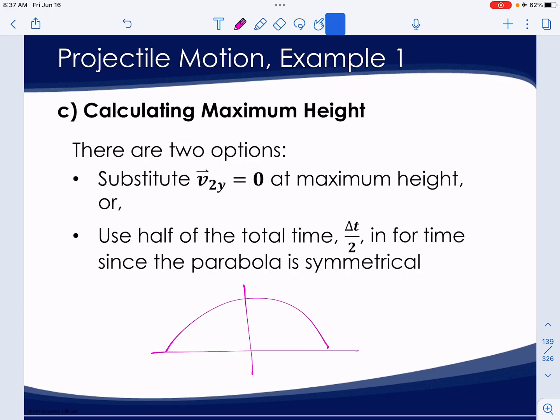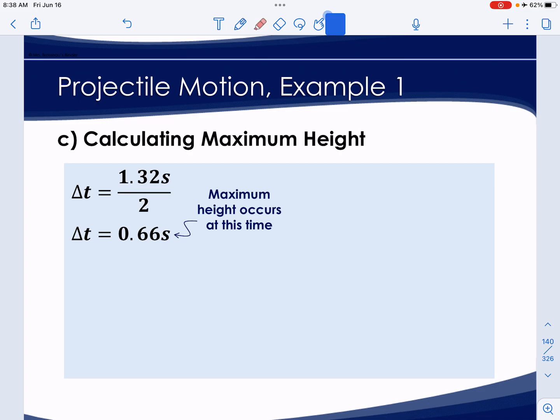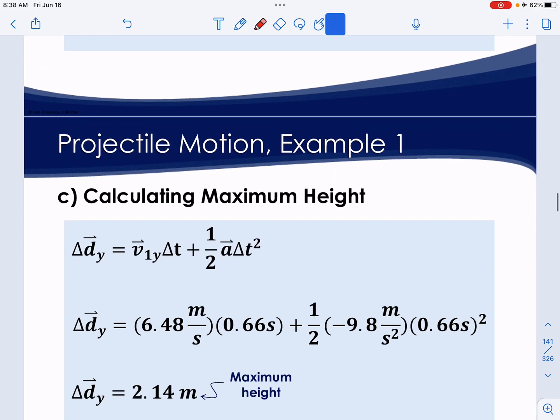And so we know that the velocity at this point in the middle, in the y direction, is going to be 0. We also know that the time that it takes is going to be half of the total time. So here, this is going to be 1.32 divided by 2. Okay, so we know the time is 0.66.